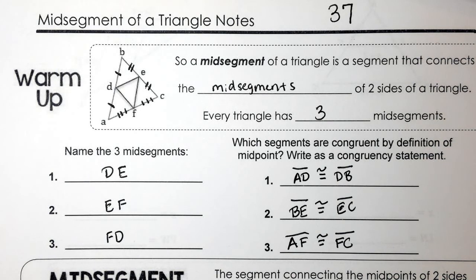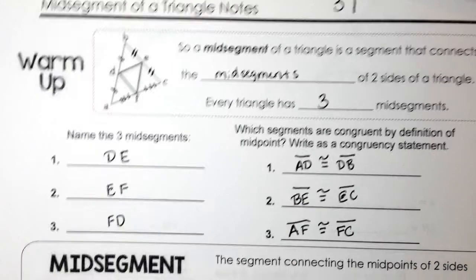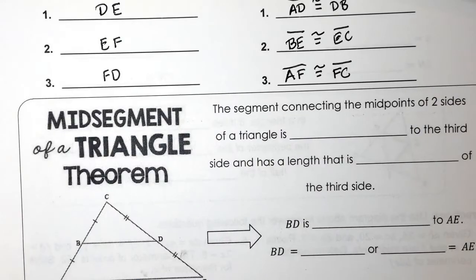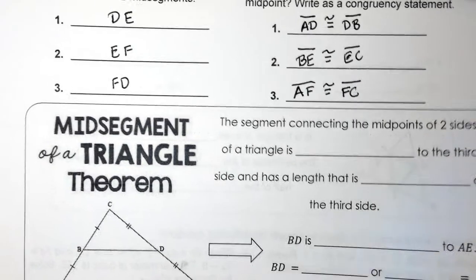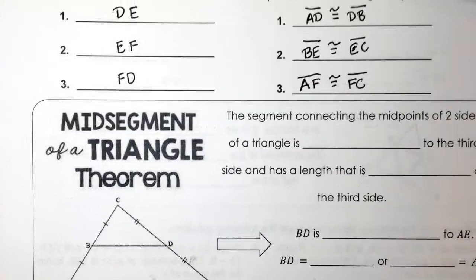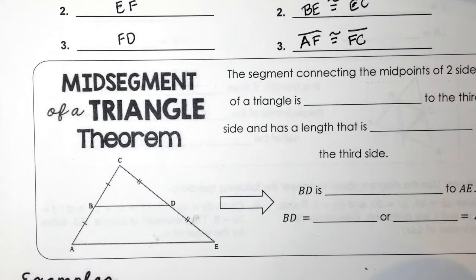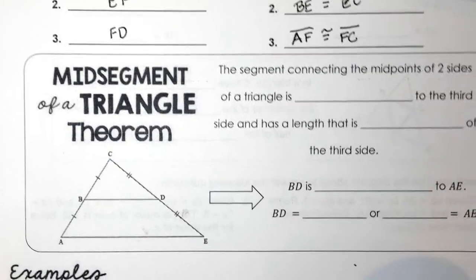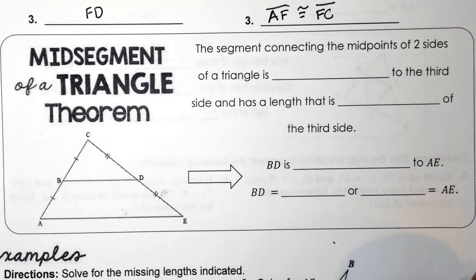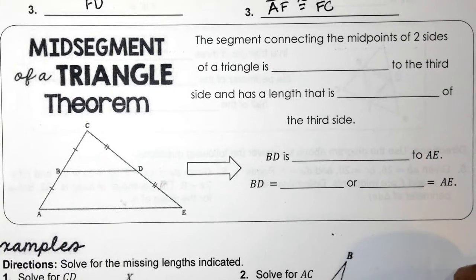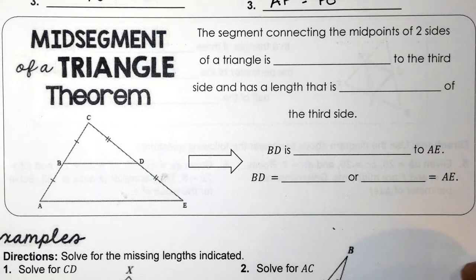That's easy enough for y'all to understand right there. So using that, now we're going to learn the mid-segment theorem, which is further down here. And this is another theorem. You learned a lot of theorems so far in this unit. This is another one that I'm going to learn today. Mid-segment of a triangle theorem.